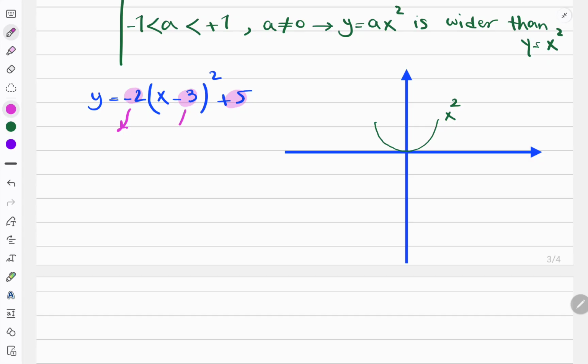And the vertex is positive 3 and positive 5. 1, 2, 3, and 1, 2, 3, 4, and 5 here, and we should reflect it because a is a negative number, downwards, and then thinner.